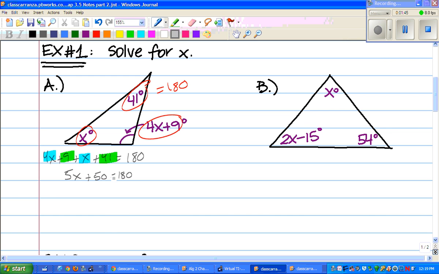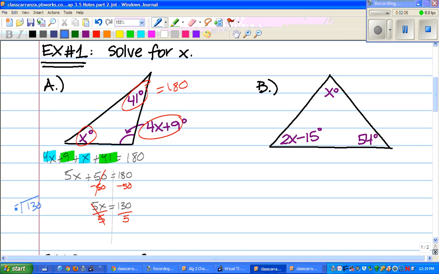Okay, and now all we do is solve for x. So you're going to minus 50 to both sides. We get 5x equals 130. Divide both sides by 5. Do you know what that is? I don't.